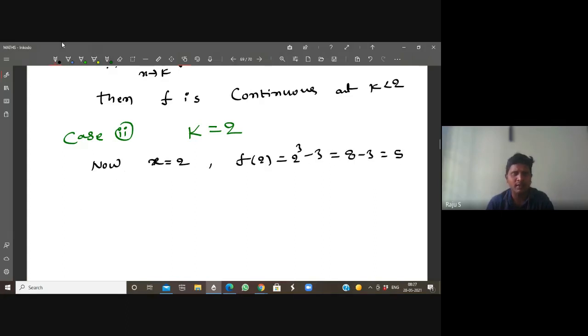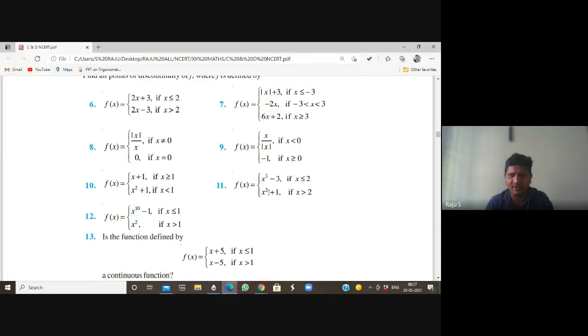Okay, now LHL, left hand limit, limit x tends to 2 minus f of x. At k is equal to 2, we need to find the left hand limit and right hand limit. Right, limit x tends to 2 minus means left hand, lesser than condition, x lesser than 2. What is the function value? X cube minus 3.